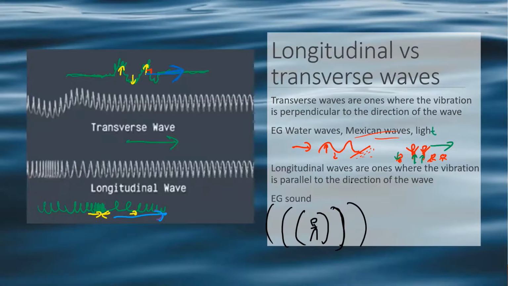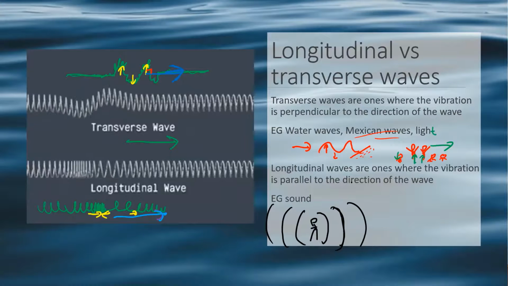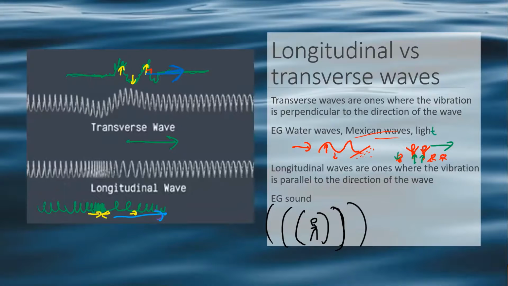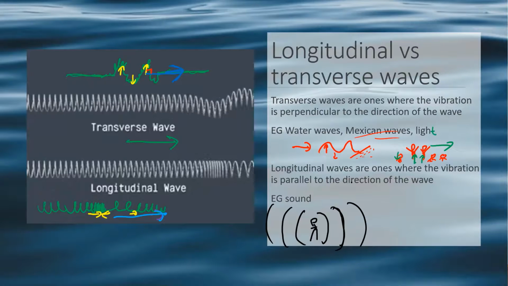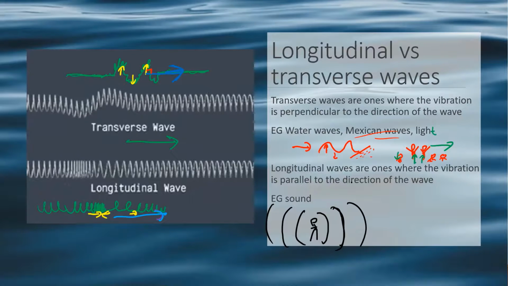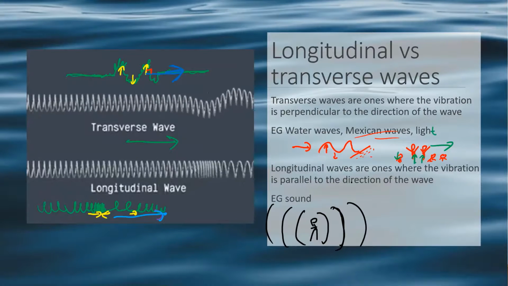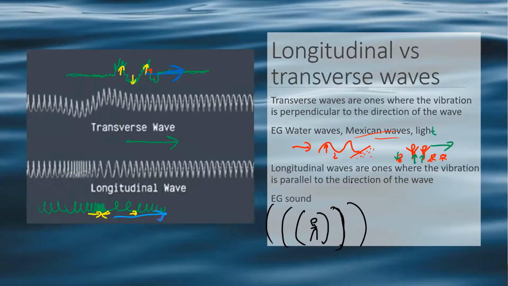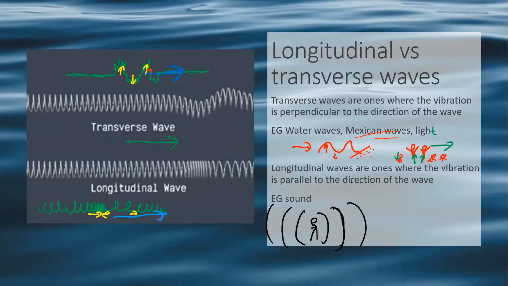If you've seen enough anime, you'd be pretty familiar with the idea of pressure waves coming away from someone. They don't vibrate up and down. They actually vibrate in and out as they come out of that person, and that's exactly how a pressure wave works.